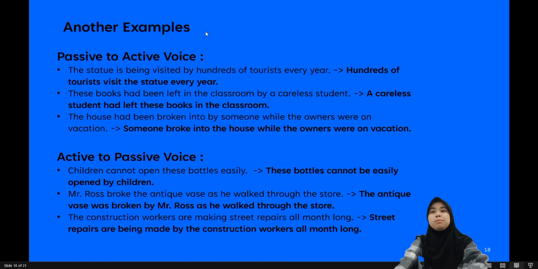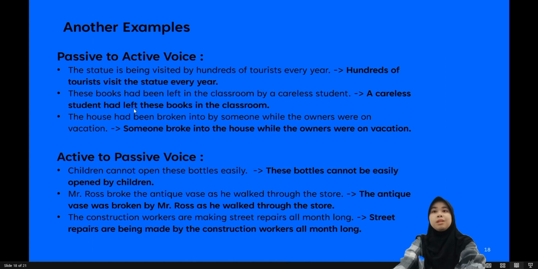Another example, passive to active voice. The passive voice: the state is being visited by hundreds of tourists every year, and the active voice: hundreds of tourists visit the state every year. These books had been left in the classroom by a careless student.